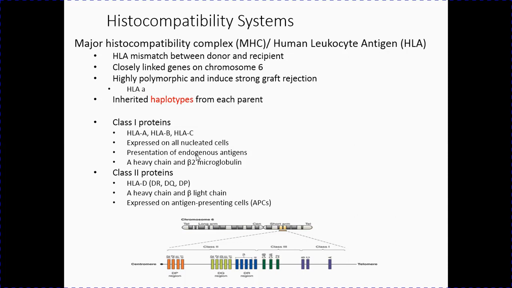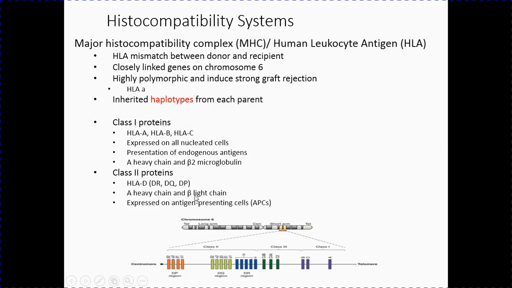Class 2 molecules, on the other hand, the genes located in the HLA-D region are the ones that will code for MHC2 proteins or MHC2 complexes. This also has a polymorphic heavy chain, but instead of a beta-2 microglobulin chain, it has a beta light chain.